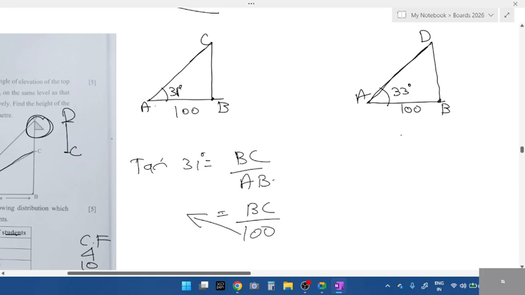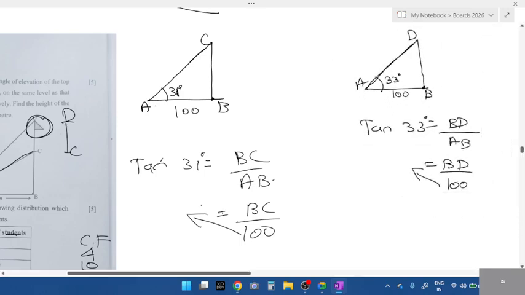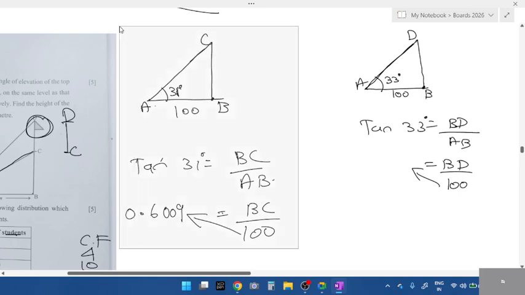Check what is tan 31. 0.6009. Yeah, what about tan 33?